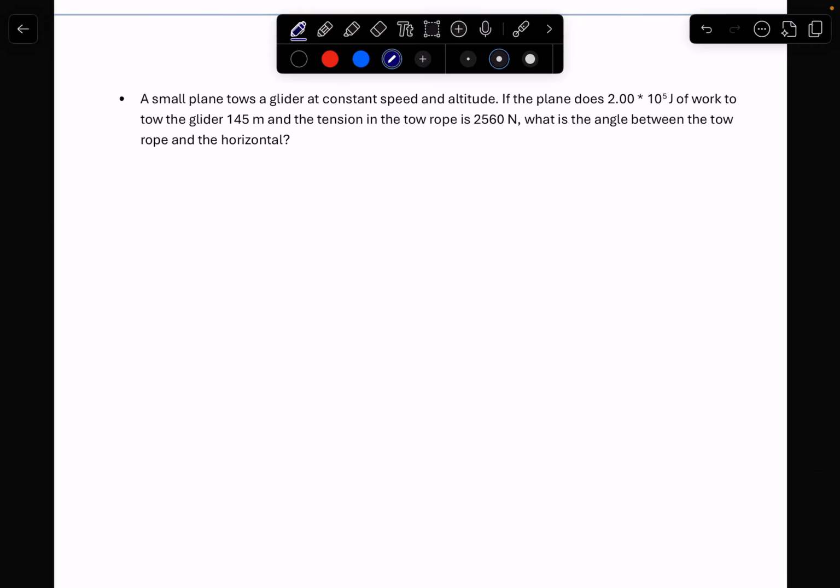So a plane tows a glider. If this is my glider and that's my airplane, it's mg. We are told that this is at an angle, right?